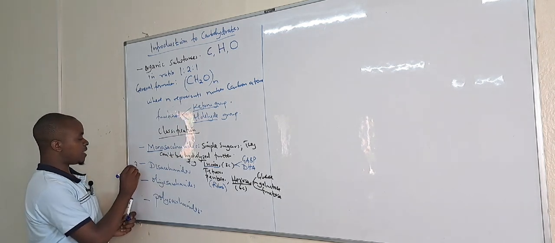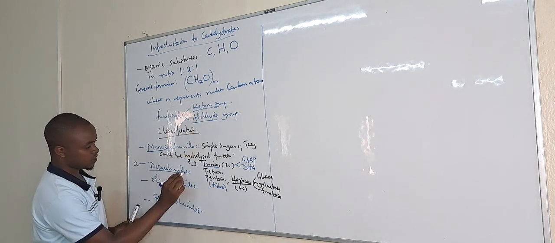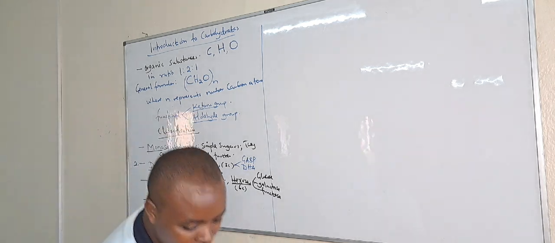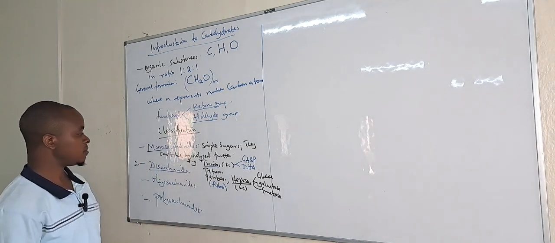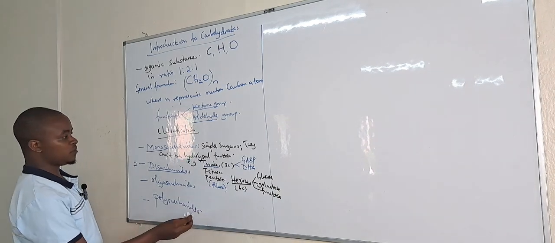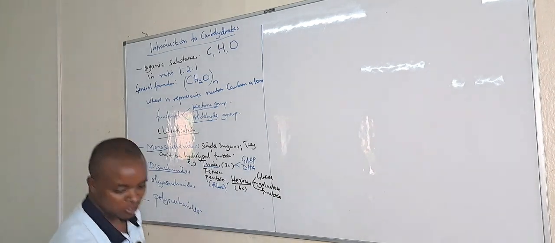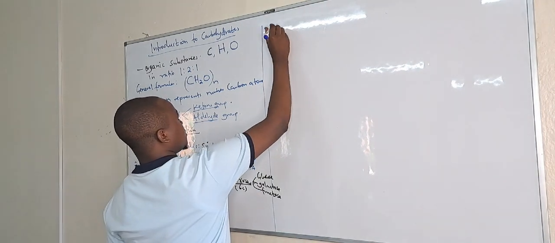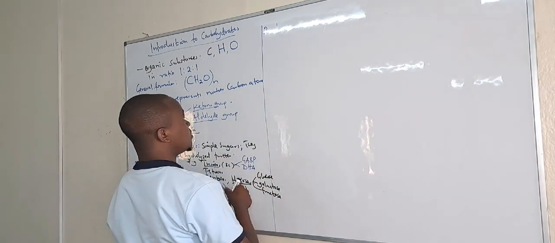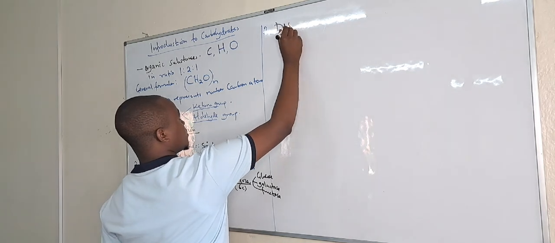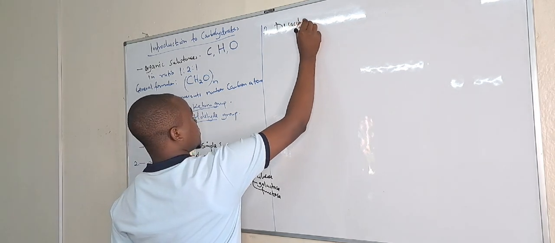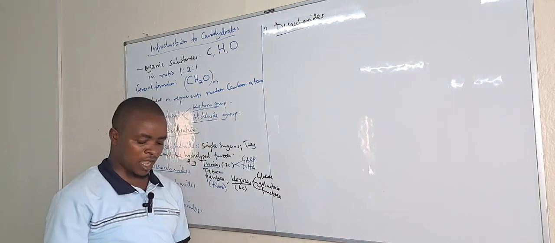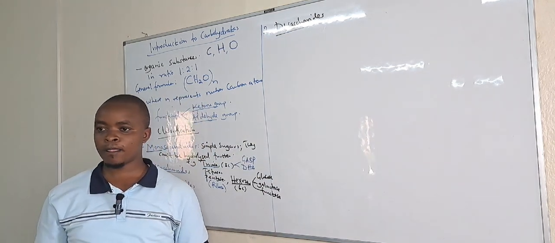Then the second class is disaccharides. And disaccharides, maybe you can allow me to write this side. Disaccharides are carbohydrates which are made up of 2 sugars.